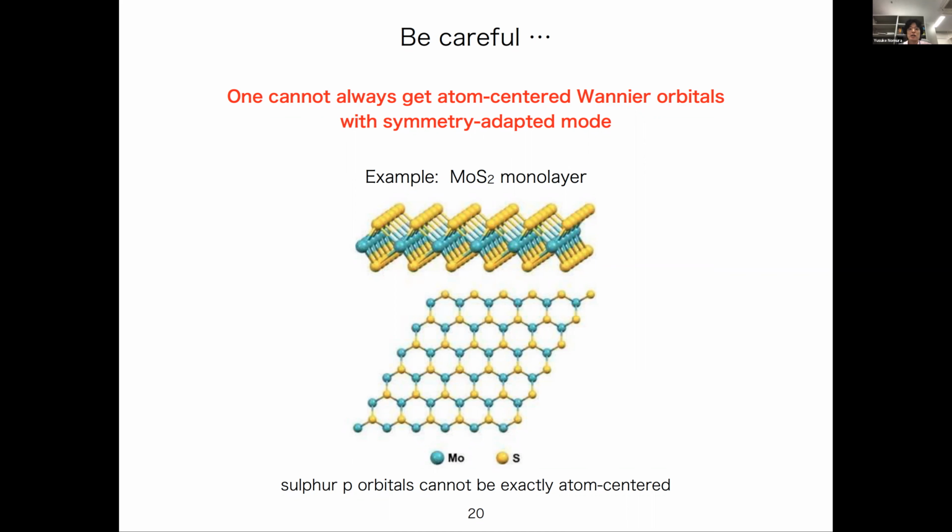And yes, you can apply the symmetry adapted mode. But again, sometimes if we put the vacuum layer, then the symmetry is lowered. Then again, as I said, the center of the sulfur pz orbital, for example, should deviate slightly from the atom center.